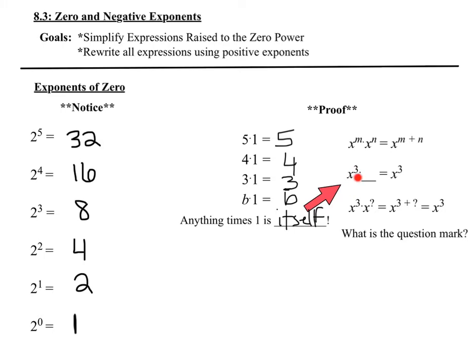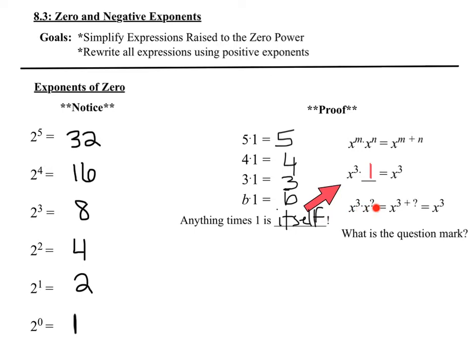So if I want to multiply x to the 3rd by something and get x to the 3rd, I would have to multiply x to the 3rd by 1, because x to the 3rd times 1 is itself, which is x to the 3rd. Now if I use exponents and multiply x to the 3rd by x to the something, this rule tells me that I'm going to add the exponents, which are the 3 and the question mark.